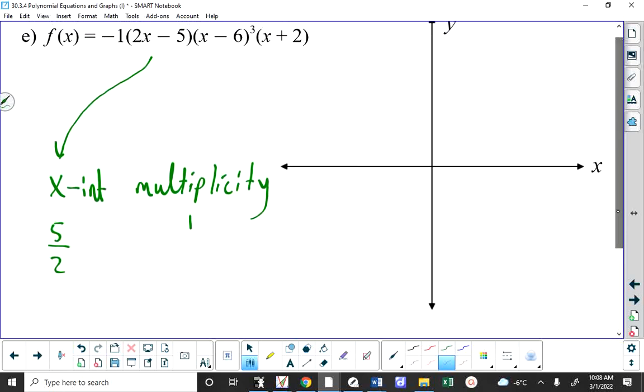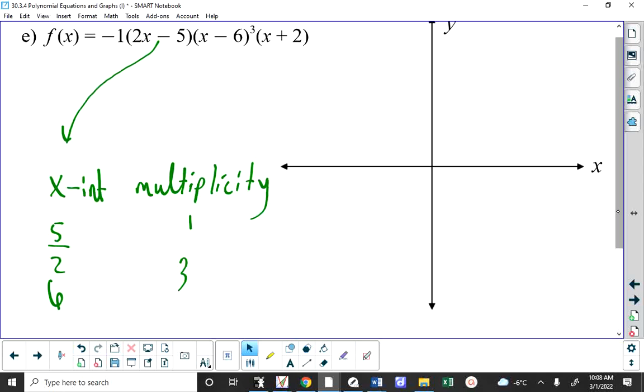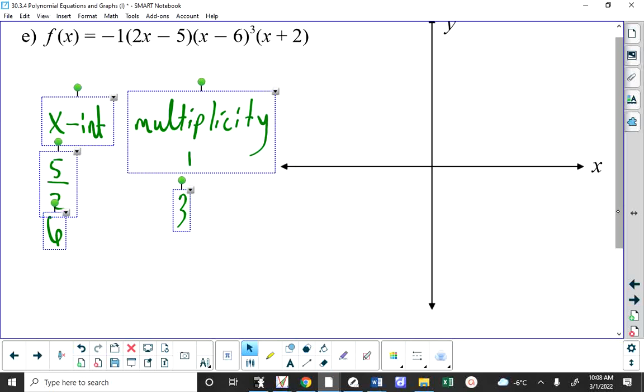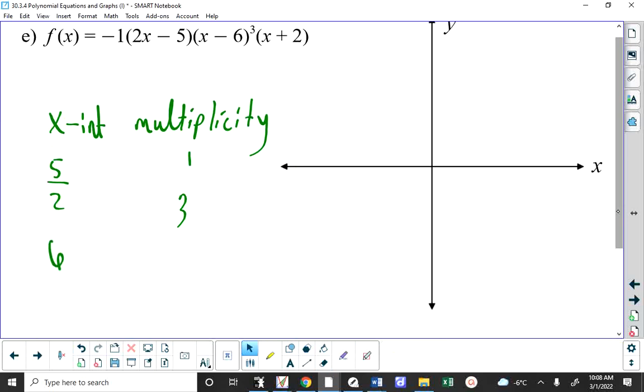We have an x-intercept of 6 with a multiplicity of 3, and we have an x-intercept of negative 2. That arrow is not really necessary. You can see where these numbers are coming from. You have an x-intercept of 6 with a multiplicity of 3, and you have an x-intercept of negative 2 with a multiplicity of 1.